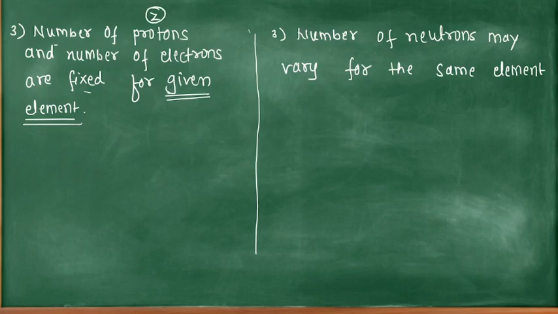Z cannot vary, but the number of neutrons may vary for the same element. For a fixed element, Z is fixed, and for that element the number of neutrons may not be fixed. They may vary. So let us see an example of this.